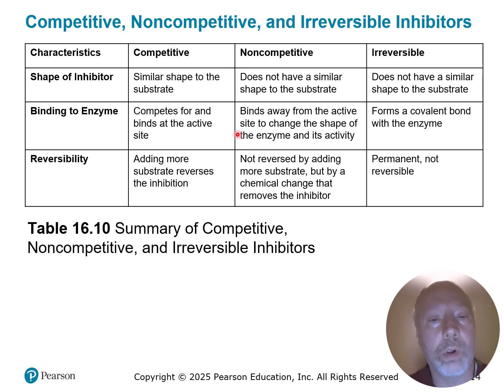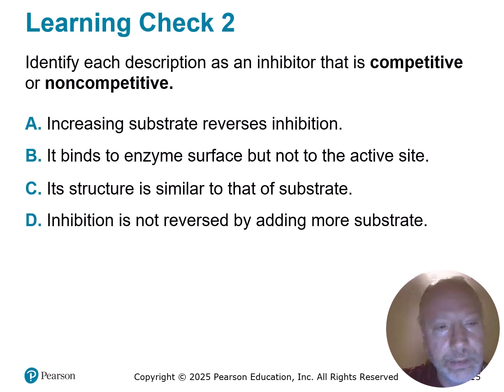If it's irreversible, the reversibility, of course, is permanent. It's not reversible, and you may have wiped out that enzyme, and the enzyme is rendered useless for all time. So that is a summary of competitive, non-competitive, and irreversible inhibitors.